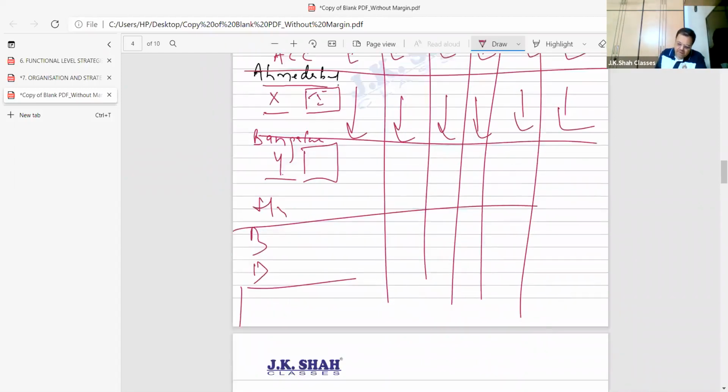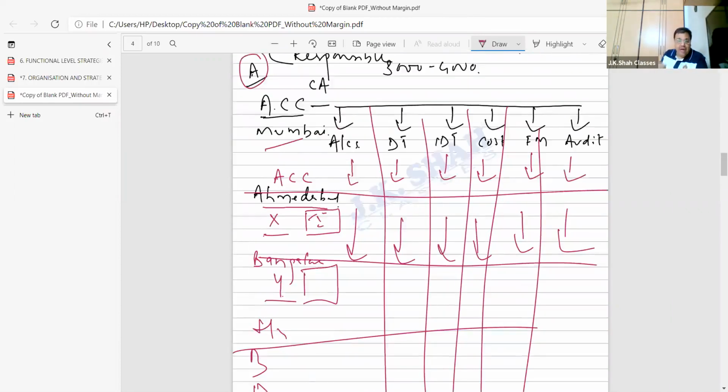Problem of matrix structure is what, beta, it is very, very complex. First, pay attention. It is very complex. But beta, when you want to have many divisions, but you don't want the problem of divisional structure, then this structure is the best. So matrix structure is actually used by coaching classes, pay attention, by construction companies, understand please.